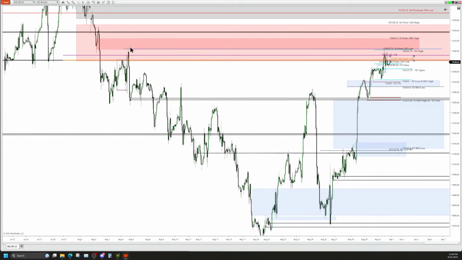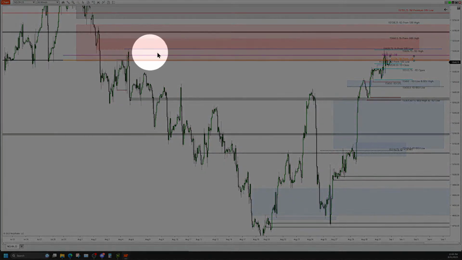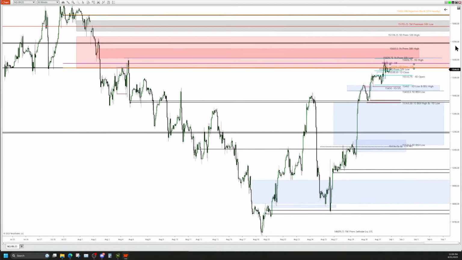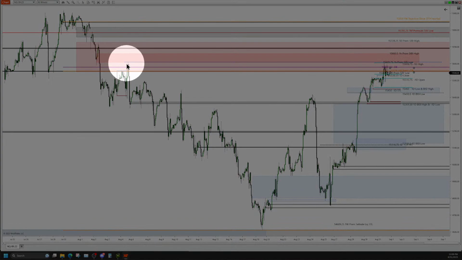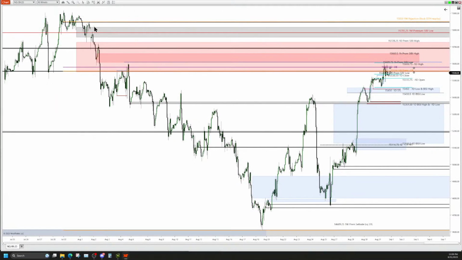I still see these relative equal highs there. The same higher time frame targets become my lower time frame targets. If we get past that and keep going, then there's this short-term high, this liquidity gap, very powerful, or liquidity void rather.